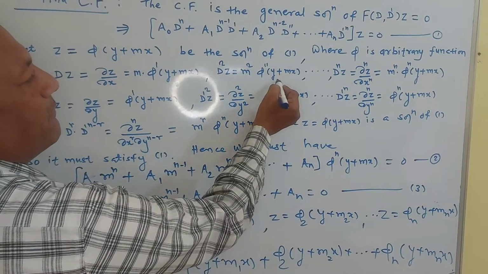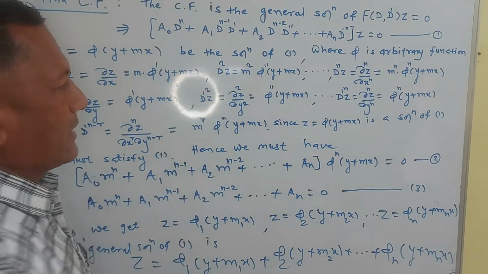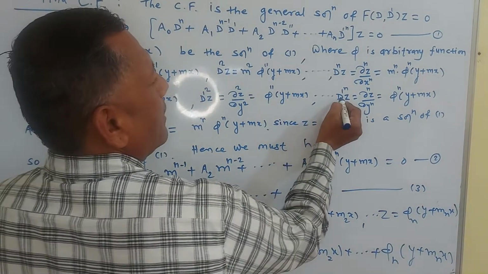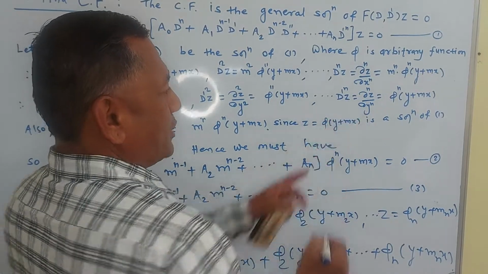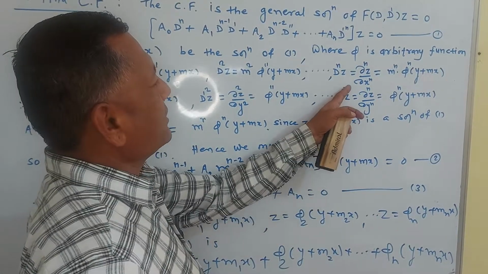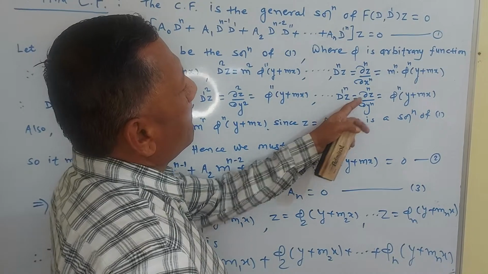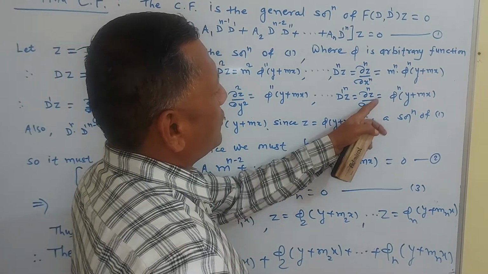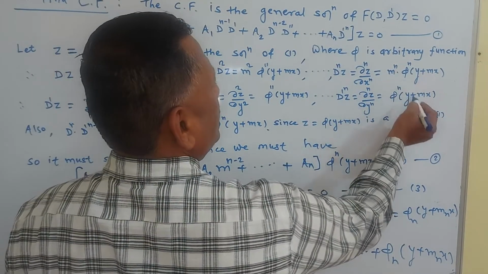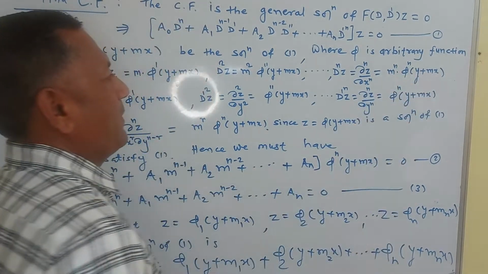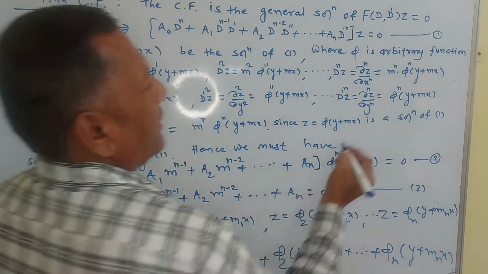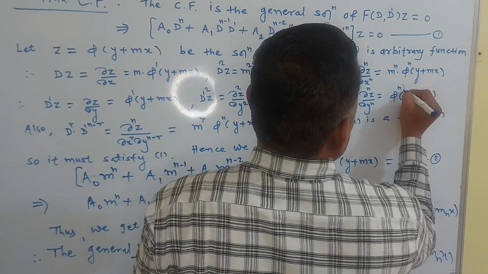Therefore only phi''(y + mx), and so on. The nth derivative of z with respect to y means D'^n z is equal to phi^(n)(y + mx).